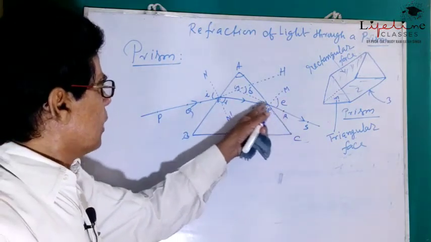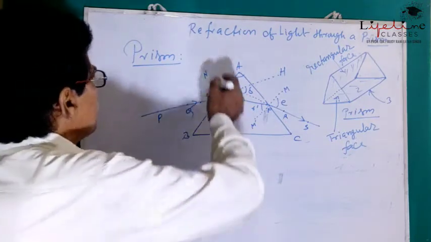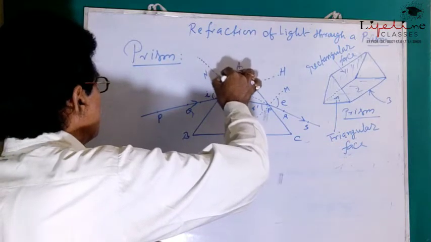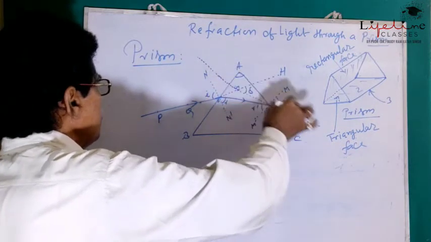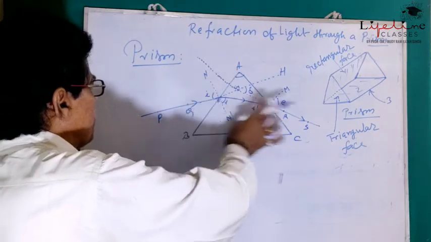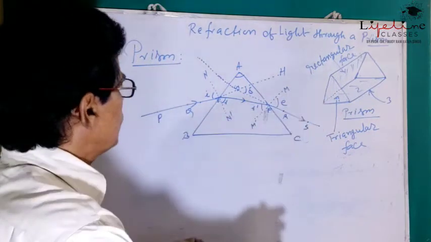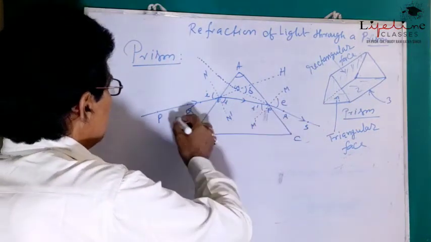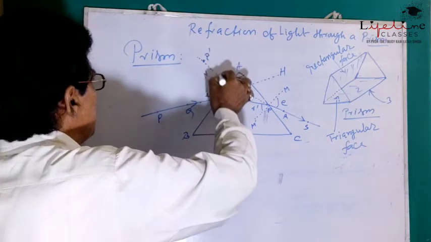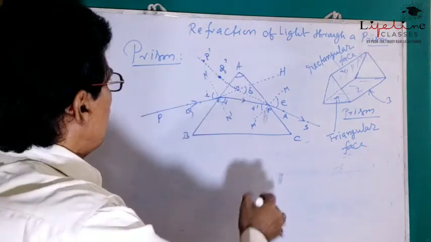So there will be a path like this. When the image of PQ is observed from the other side, we see that P appears here as P dash, and Q appears here as Q dash.